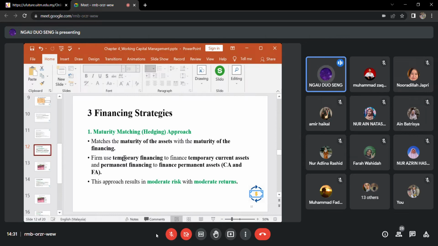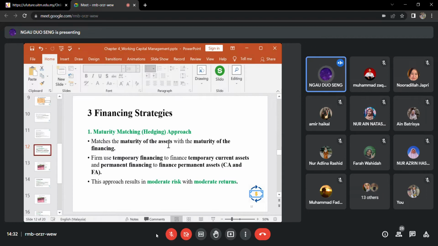For example, temporary financing: if they have an event, like festive season, they need money to buy the temporary inventory, like kuih raya, baju kurung, those lightings. That one is just for maybe 1 month or even 2 months.